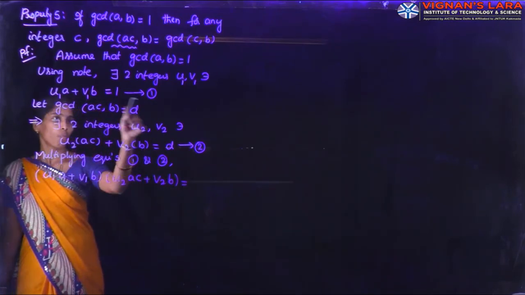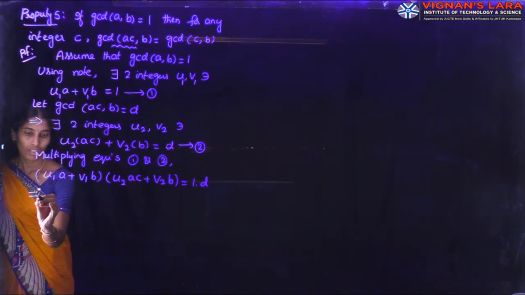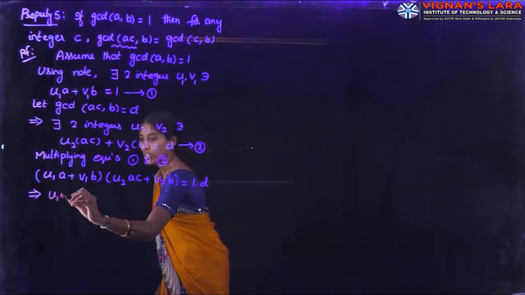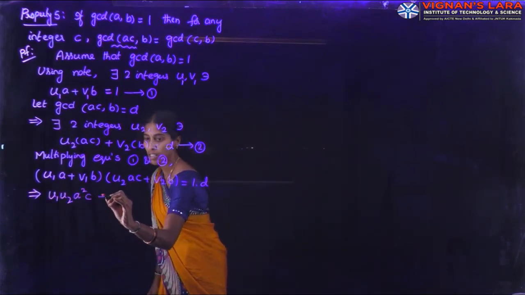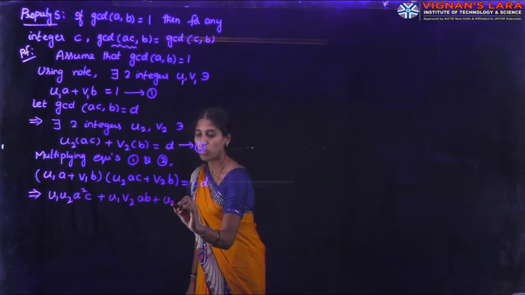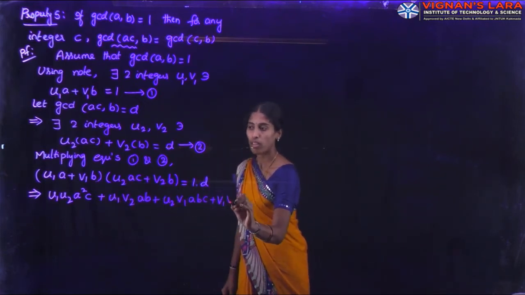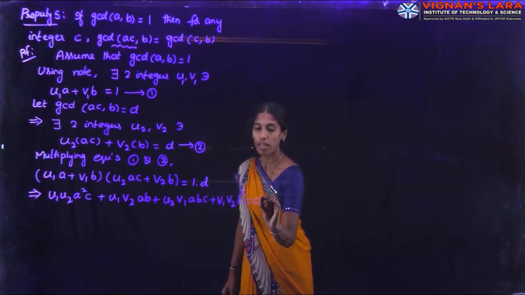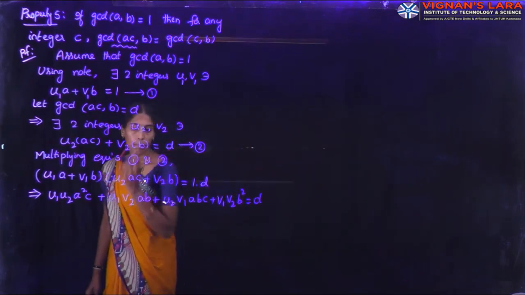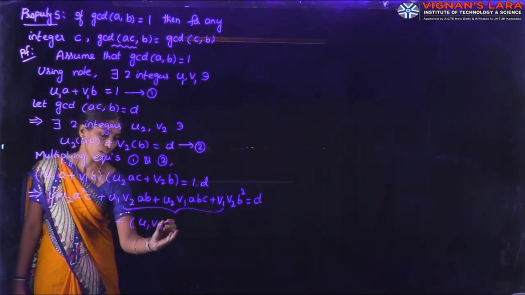One RHS is 1, two RHS is D. So, multiply these two LHS side term by term, we get U1 U2 A square C plus U1 V2 AB plus U2 V1 ABC, second term into second term, V1 V2 B square, RHS side is 1 into D is D. So from these three terms, we are taking common B.